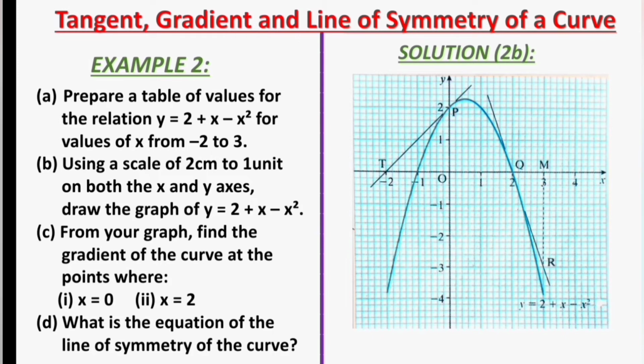From question 2b, here is the graph of the relation y is equal to 2 plus x minus x squared. Of course, the relation or the quadratic function should produce a maximum curve because the coefficient of x squared is negative. So your graph for the relation should look like this.